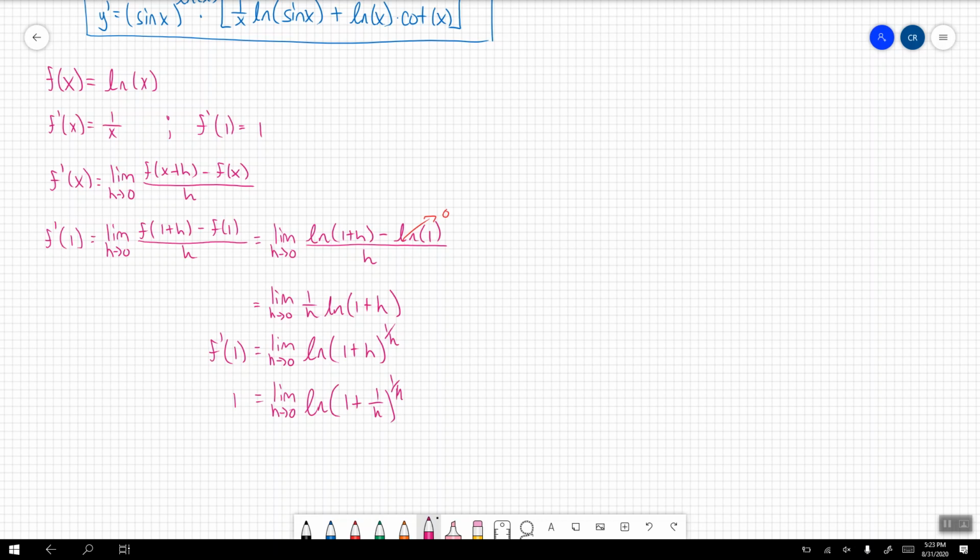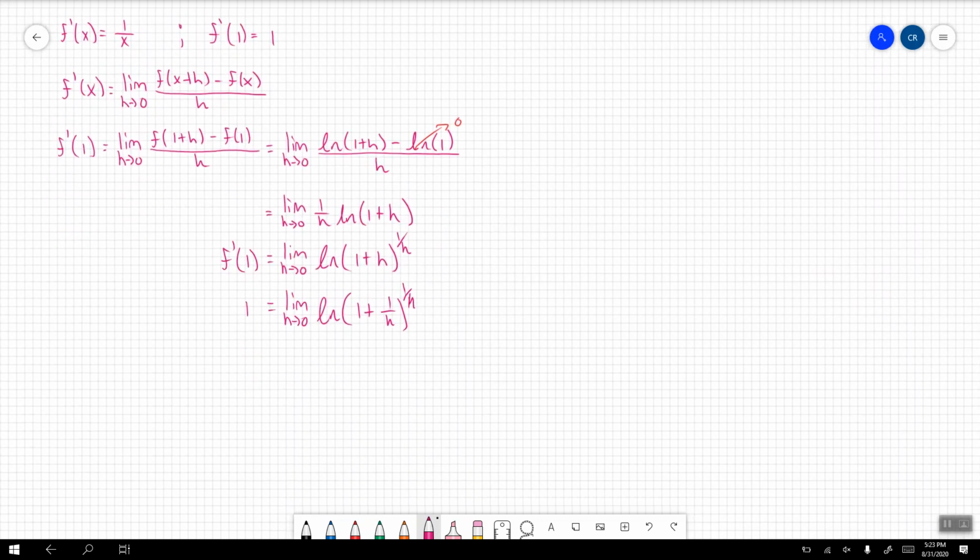Now check this out. I want to modify this just a little bit. Let's say it's e to the power of 1. Well, we know e to the power of 1 is just e itself, where in this particular case 1 is going to be this limit.